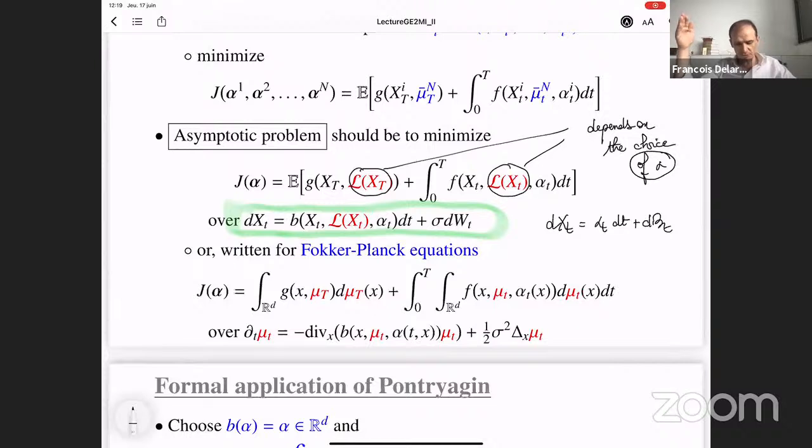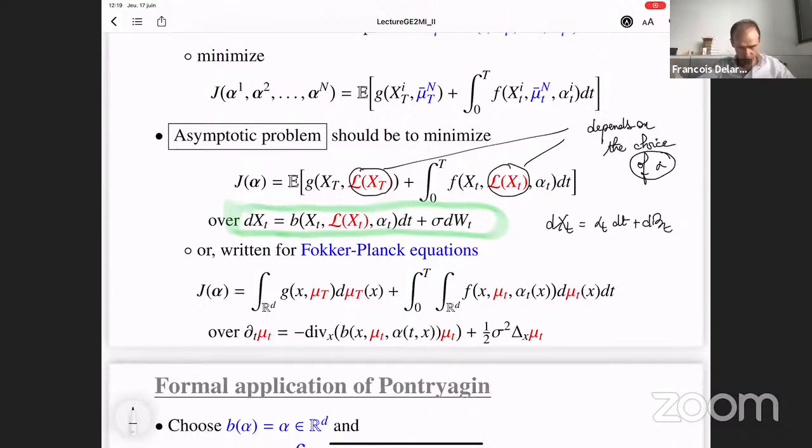And now what I want to do in mean-field control is precisely to optimize this cost functional with respect to alpha. So this is really a control problem, but the state variable is the state of the population.